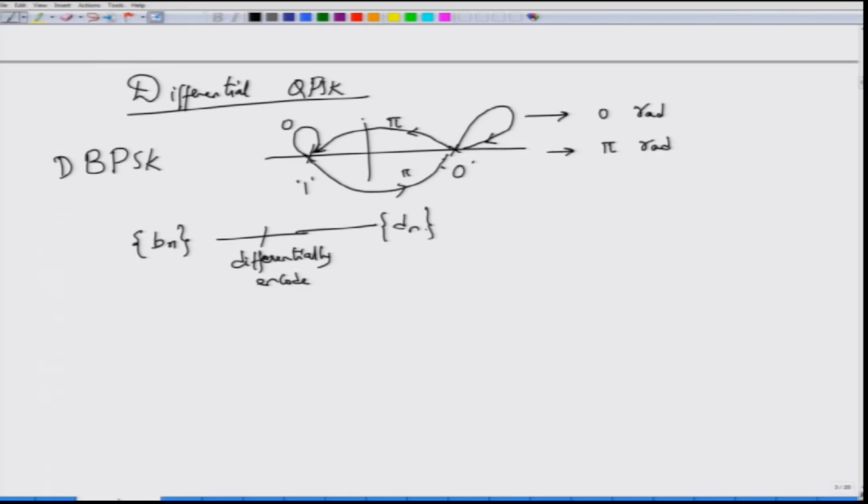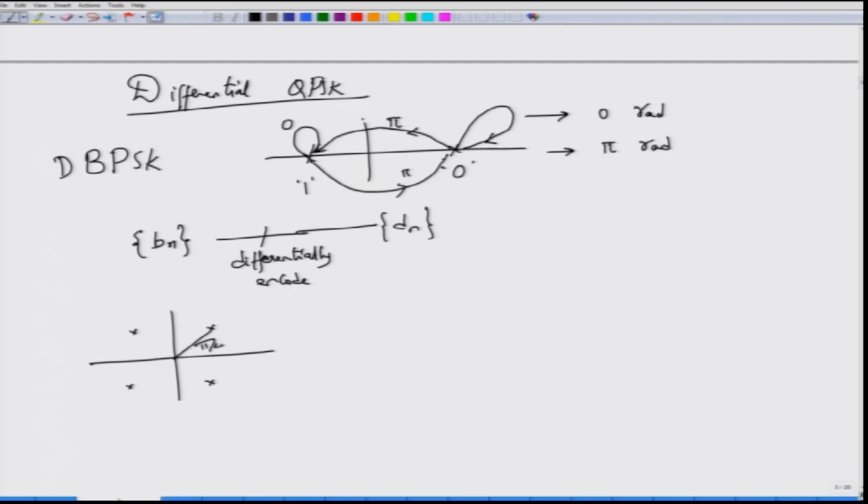The details of this you can see in the exercises that we give out for this particular module. I do not want to go into the details of that, it is not really important for us, but you can extend the same idea to differential QPSK as well. Remember, in QPSK you have 4 different phases.